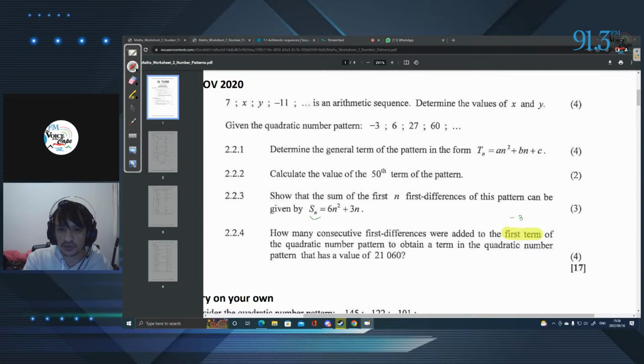This equation that we found represents the consecutive first differences, right? We can call this the consecutive first differences of the quadratic number pattern to obtain a term in the quadratic number pattern that has a value of 21,060. So all they said was -3 plus Sn, which is this, is equal to 21,060. And we go here to the memo.